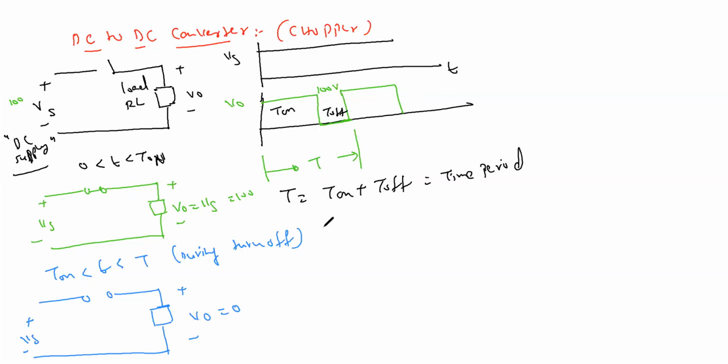So the average voltage is equal to the turn on period. You should take the average: the voltage is present only in the on period, not in the off period.